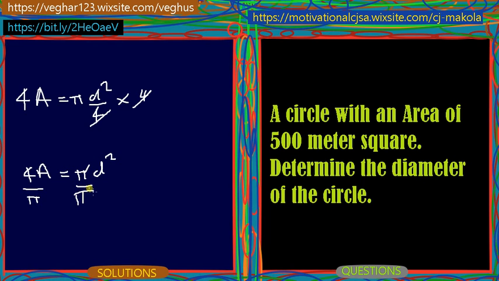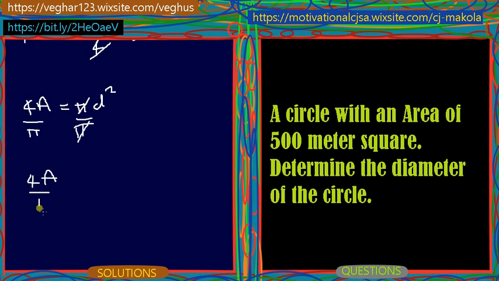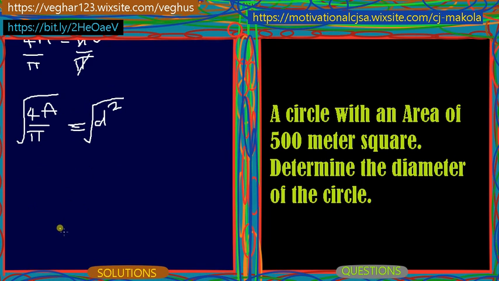So this pi will cancel this pi, and you'll be left with d square on this side, and 4a divided by pi on the other side. Because you don't need the square here, you can just put a square root sign. The square root sign will cancel this square, and it will remain like that.